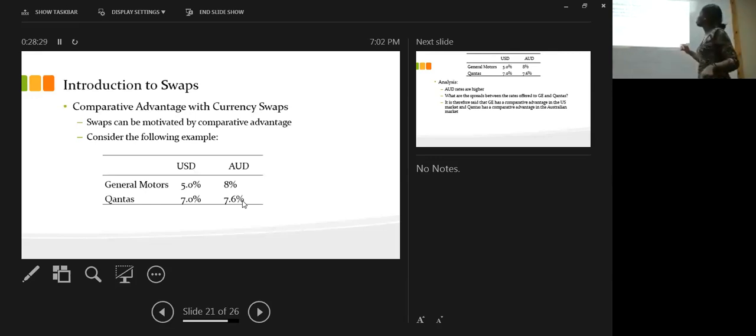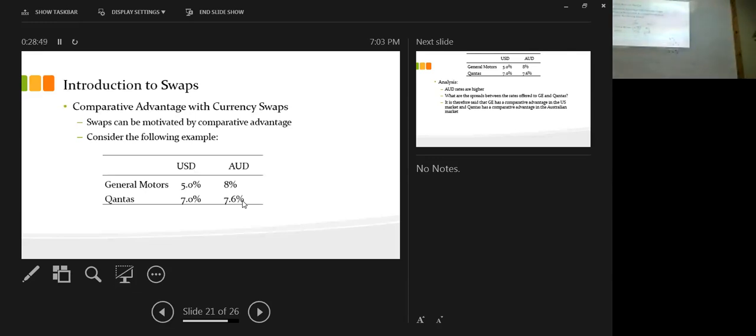And the lower Australian dollar rate is Qantas, at 7.6%. The difference between the two is 2.6%. And you will see that is a net advantage from conducting the swap.